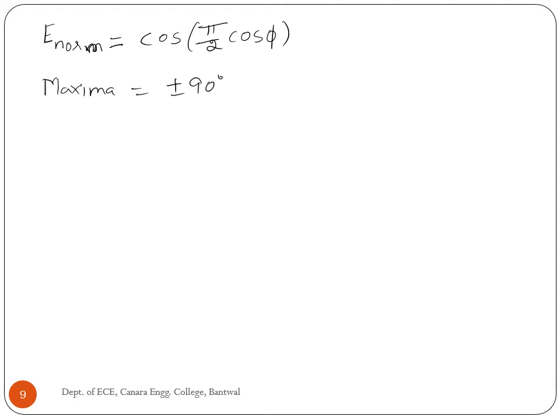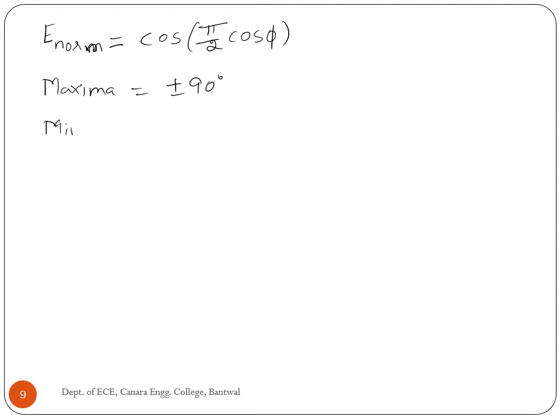Therefore, normalized field for two isotropic point sources of same amplitude and phase at d equal to lambda by 2 is cos of pi by 2 cos phi, and maxima direction is plus or minus 90 degree.